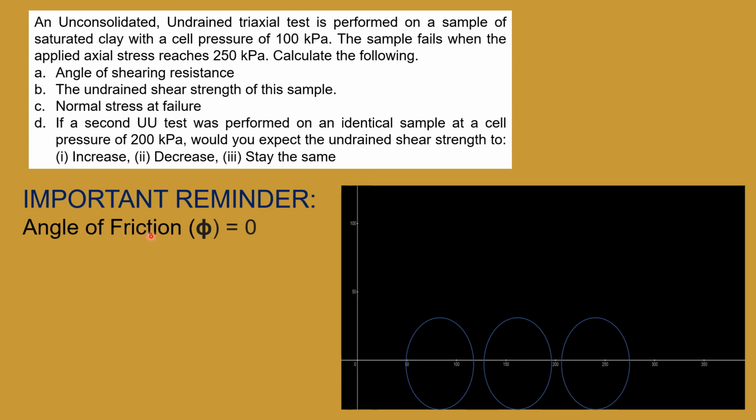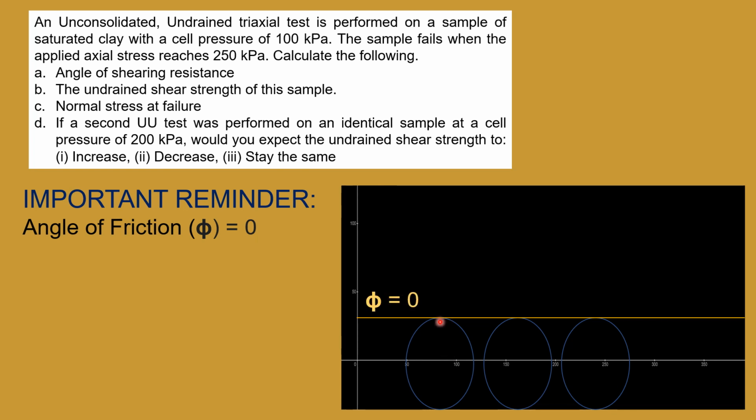And since the angle of friction is equal to 0, there's no change in the maximum shearing resistance. Right? The failure envelope touches the circle only once. So, this is the tangent point, and tangent point. Therefore, the angle of friction is 0.